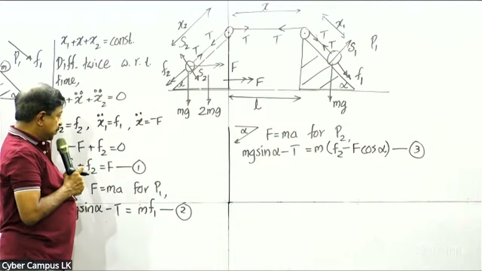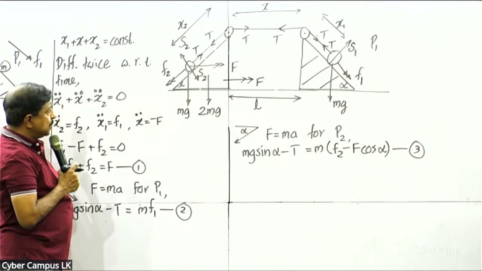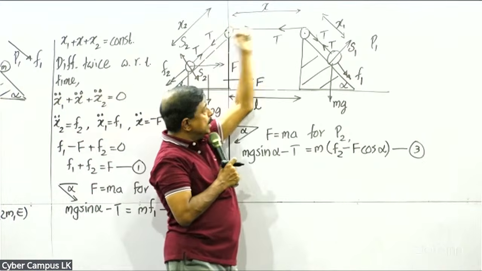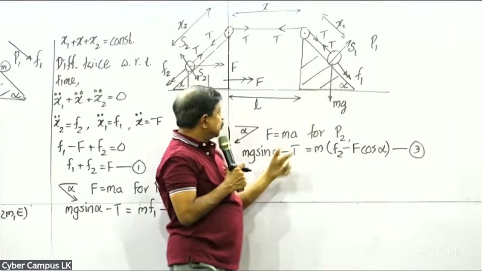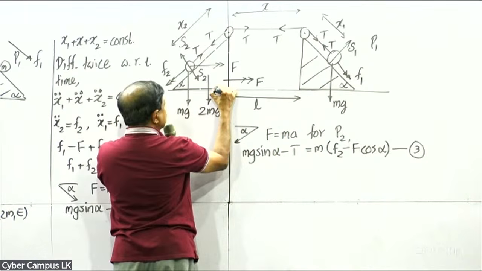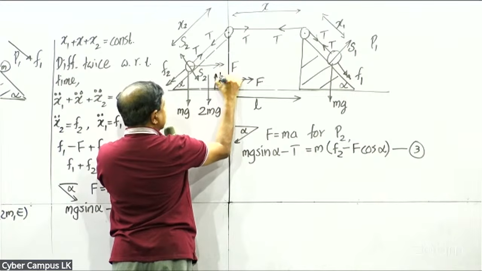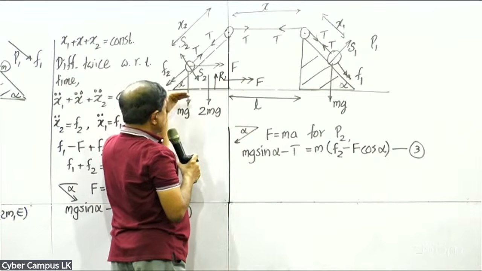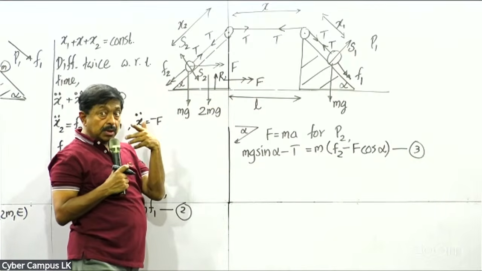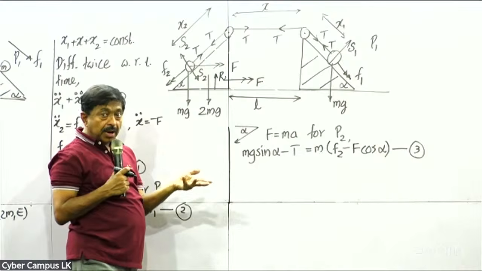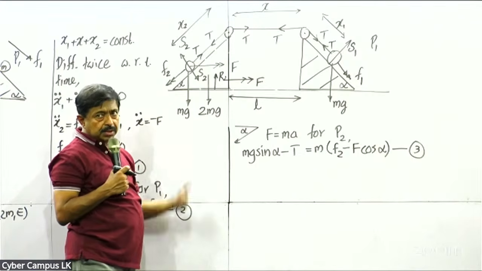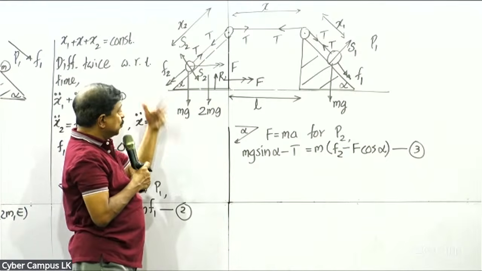Now, we have to go for the fourth equation. We can consider the system. Now here, if you take the entire system, this is fixed. So I have to now write something. I have forgotten this reaction R. Now, clearly you have to get rid of R when you write the equations, because if you have R in the equation, then you need one more equation to solve for that.